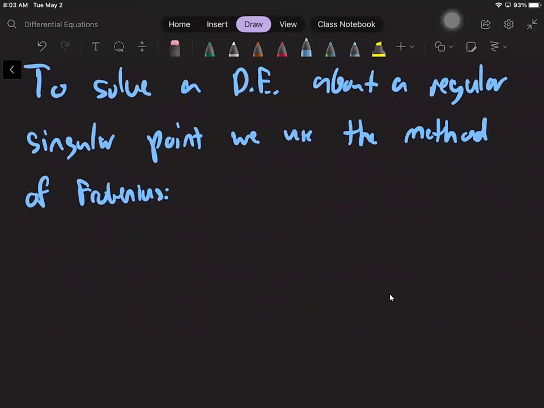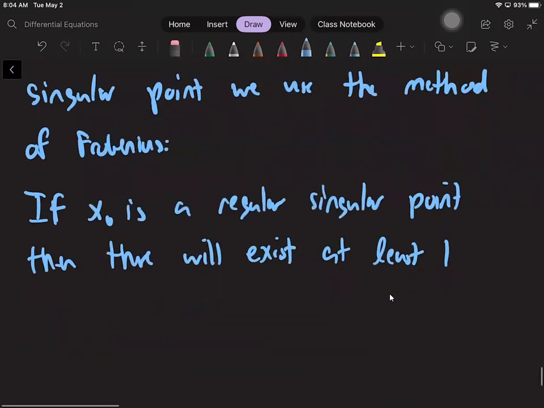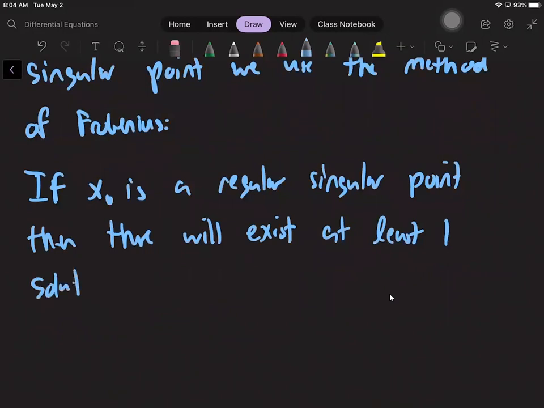Okay, so the idea is this. If x naught is a regular singular point, then there will exist at least one, so there could be two, but there's going to be at least one solution of this form.